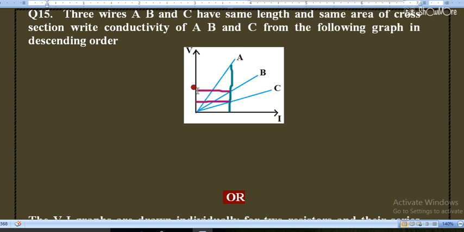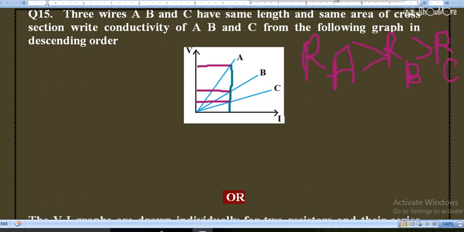So maximum voltage is for A, so that means resistance of wire A, RA, is greater than RB, which is greater than RC. So resistance of wire A is greater than resistance of wire B, and it is greater than resistance of wire C. So then what will happen?